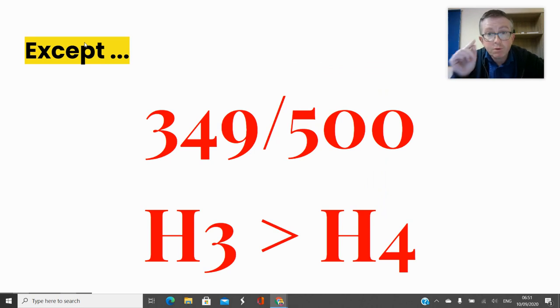except there is one exception. Say if this was a paper and I come to the end of it and I find it comes to 349 out of 500 marks. This is what's called a hanging grade. We don't like giving hanging grades. If we can at all, we will bounce it up to the next grade.